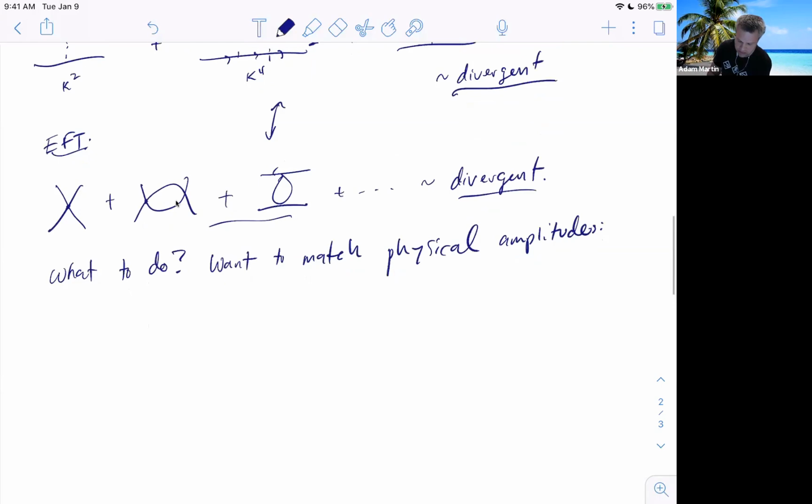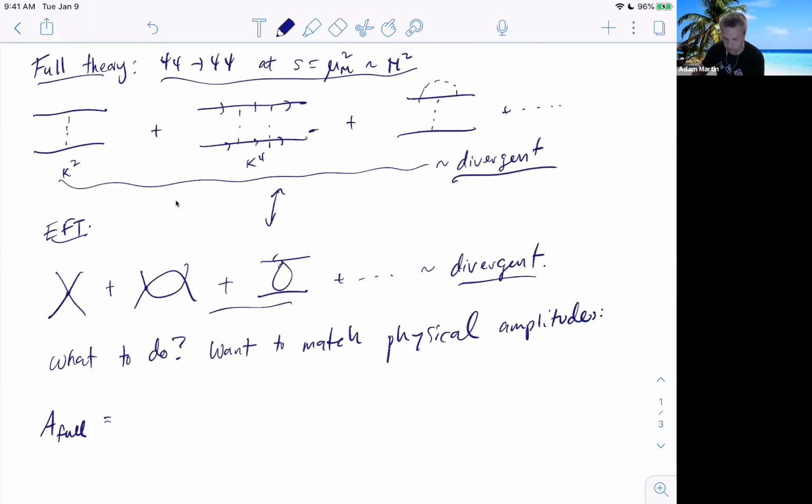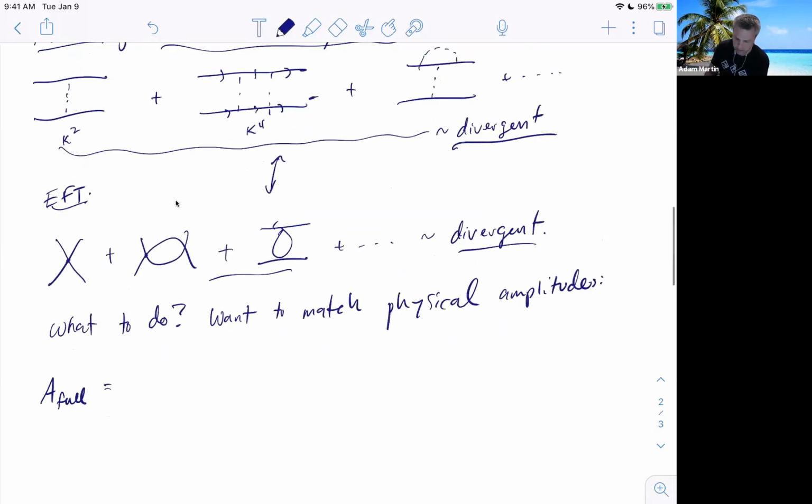If I was to do this calculation in the full theory, so I'm doing this loop, or all of those loops, we would find it's some number over epsilon. There's going to be a divergent piece, and we're using dim reg for all of our diagrams, plus there'll be a finite piece. And that finite piece, we know, is going to depend on m, the mass of that heavy particle, because it's floating around in these loops, and the mass of that light particle.